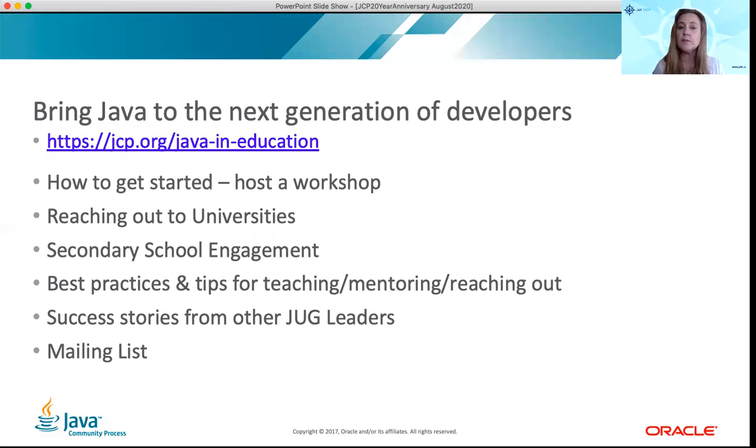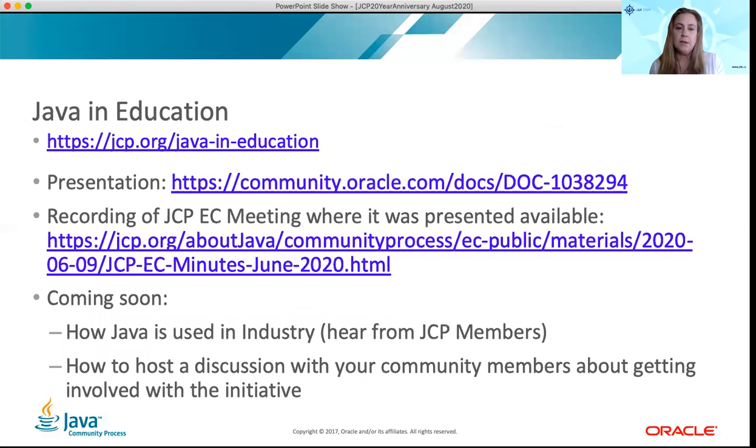So whether that's universities or secondary schools, and providing them with some tips as well as ways to share with each other some of the most effective ways that they've been able to engage with more junior developers or developers who are learning Java in their local communities. So we're making a collection of resources that are available to you. If you're interested in getting involved in that initiative, you can go to jcp.org/Java in Education. Like I said, we have some resources available now.